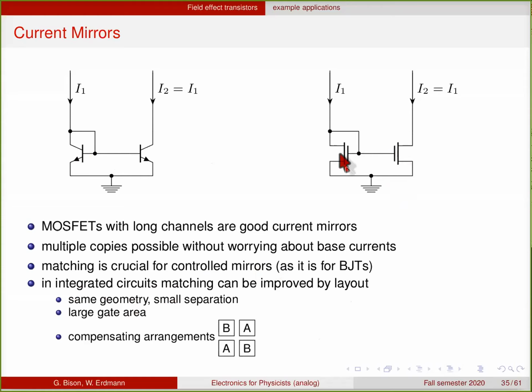You give them large gate areas to have as little as possible statistical fluctuations or other fluctuations in the geometry. And one can also make compensating arrangements. So you make 4 transistors instead of 2, and you try to arrange any changes that appear across the circuit from fabrication or from temperature to compensate as much as possible. And then you can get really good current mirrors in CMOS, much better than in bipolar.